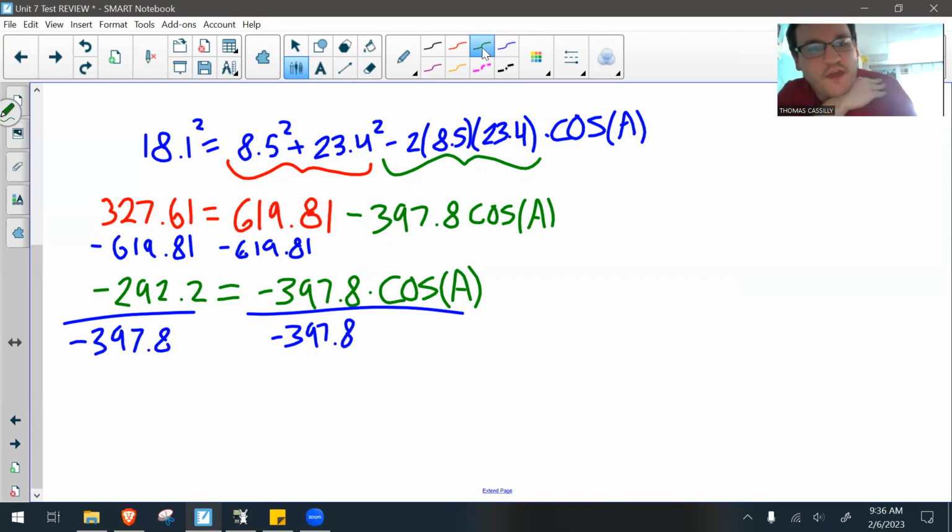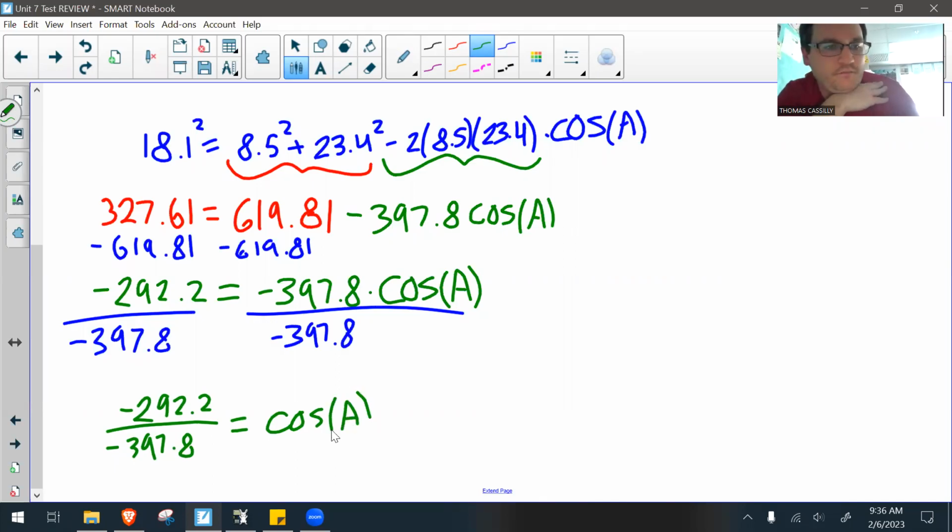All right, so we're going to have that fraction, -292.2 divided by -397.8 equals the cosine of A. Now keep in mind, we are looking for angle A. So we're not done.